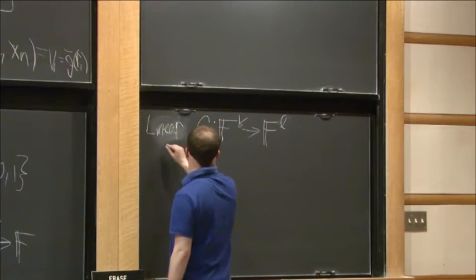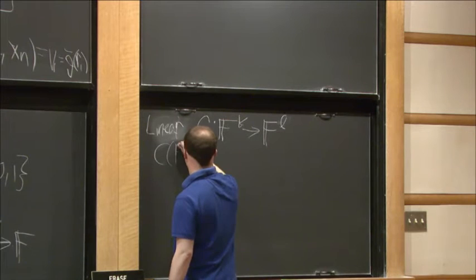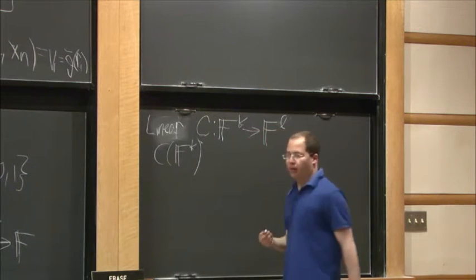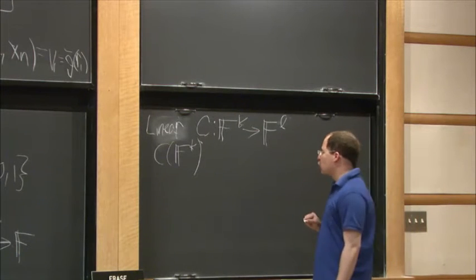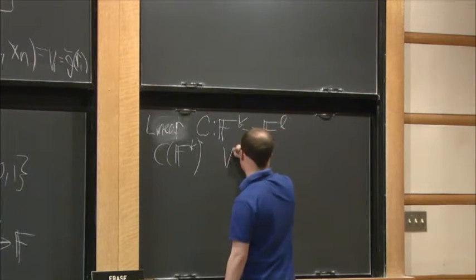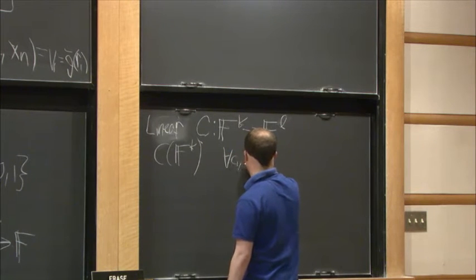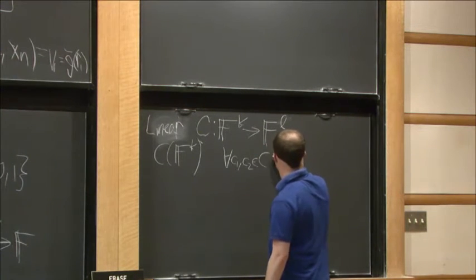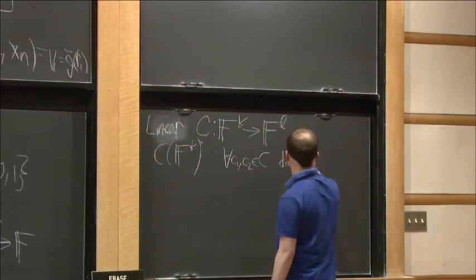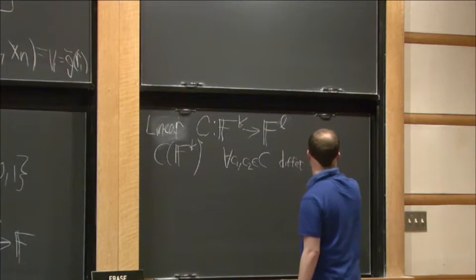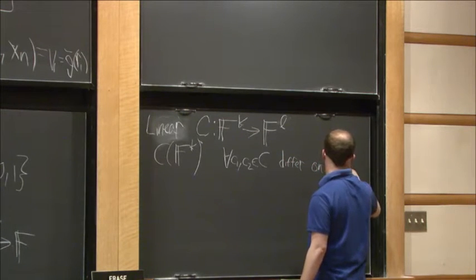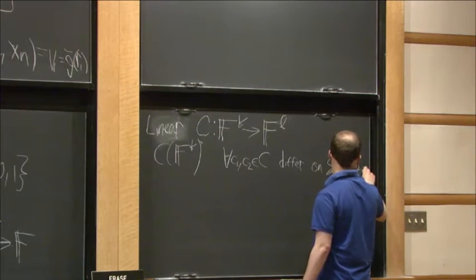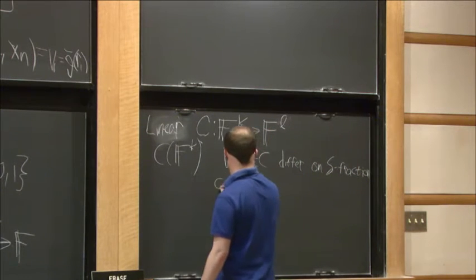Now the images of this function are called code words, and they have the property that each two distinct code words of C differ on delta fraction of their coordinates.